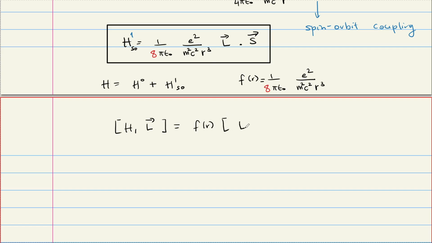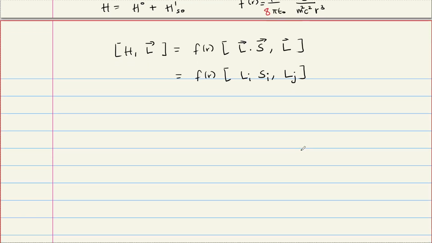So this becomes L dot S, L. If you want, from here on, you can just use Einstein summation convention, which makes it easier to calculate things. So this is L_i S_i, and let's call this L_j. This is not a hard calculation. I expect everyone to be able to calculate things like this.